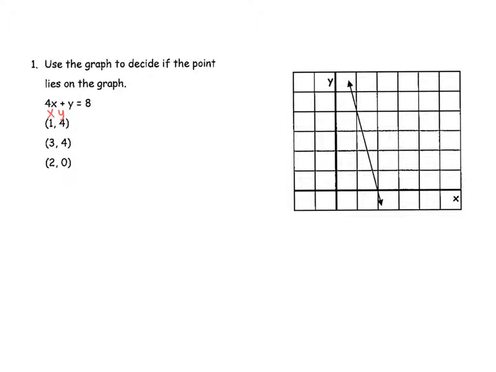So you're going to do the math. 4 times x. But instead of x, you're going to put a 1. 4 times x. But x is 1, right? Plus y. What's y? 4 equals 8. Do the math. And then you tell me yes or no.